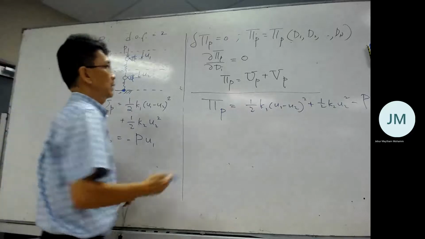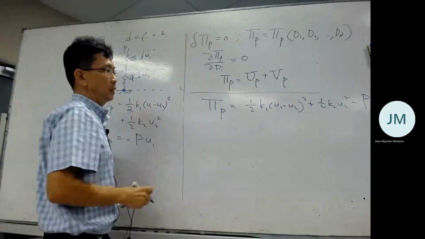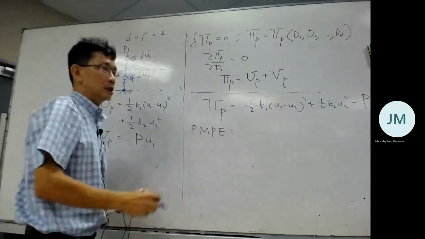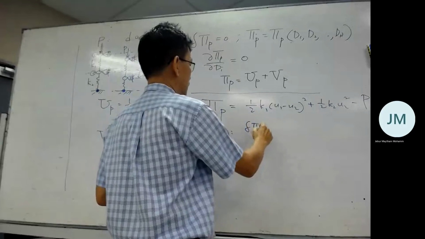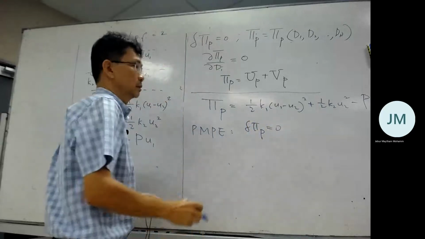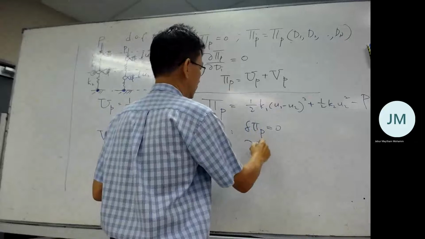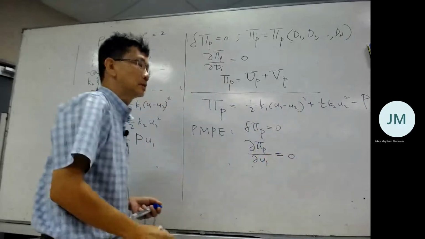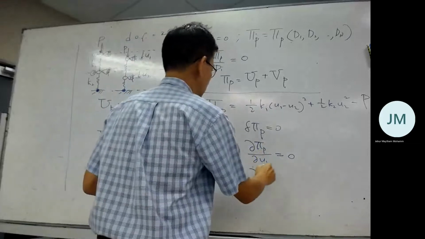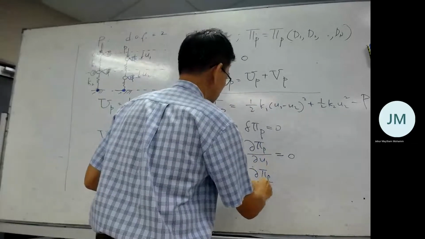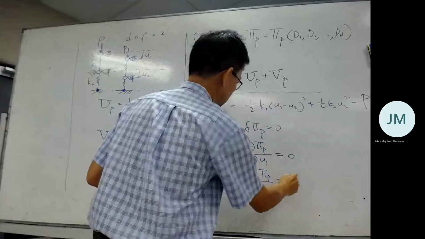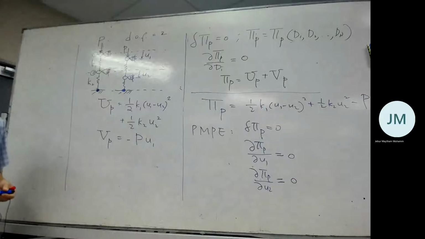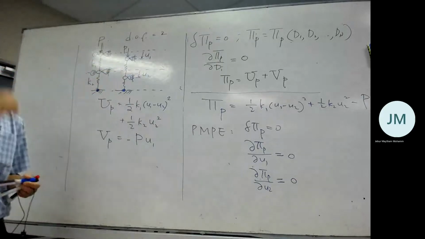Next, according to the principle of minimum potential energy, the variation must be equal to 0, meaning that del Pi P del U1 must be 0, and also del Pi P del U2 must be 0. So 2 equations to solve for the 2 degrees of freedom.